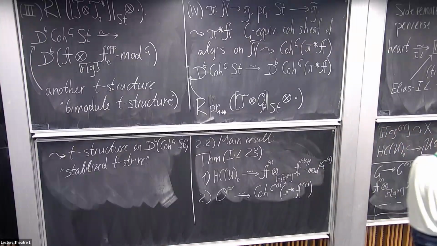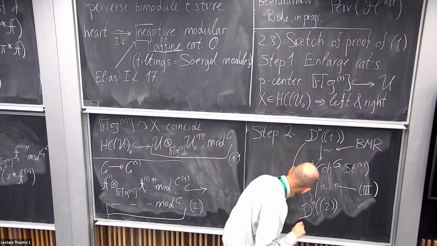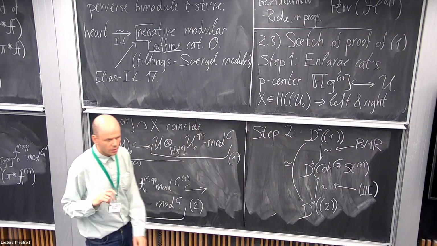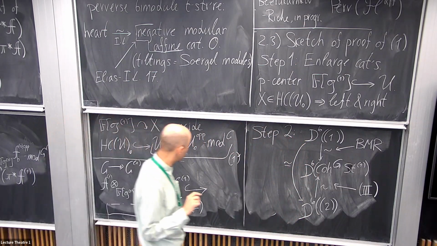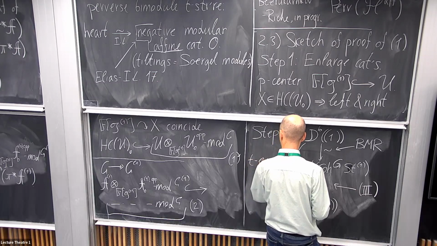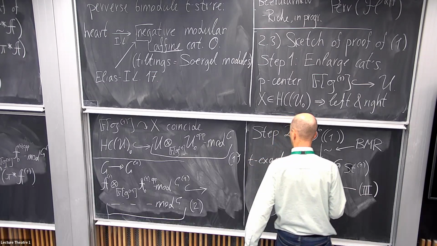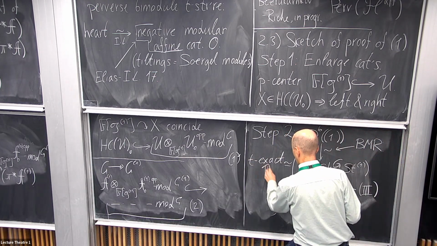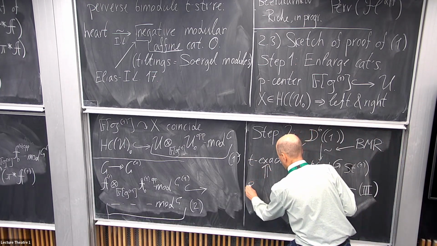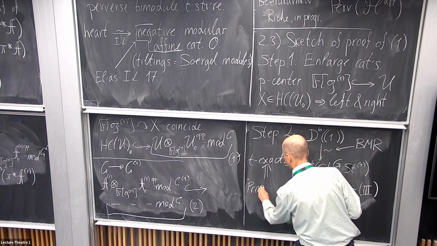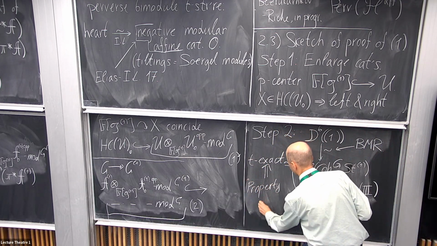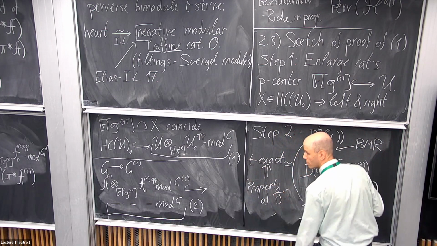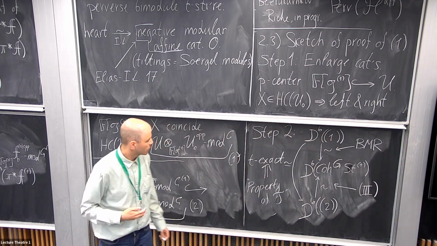And so now I have this composed equivalence here, and I claim that it's t-exact, that it preserves the t-structures. Why is it t-exact? It actually follows from the thing which was called the property of the bundle T. How is this relevant?